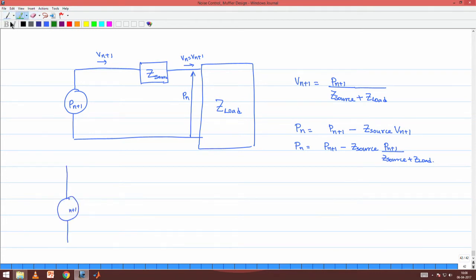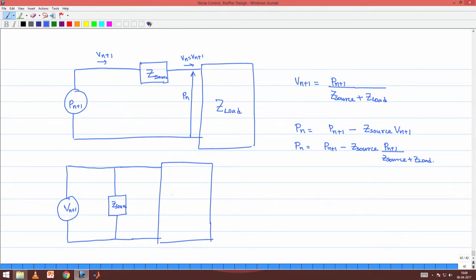Now, we want to have another equivalent picture which will assume a constant current source, V n plus 1, to denote the current source. This constant current source is acting over the load, but this time, since I am modeling the source as a current source rather than a voltage source, I have to give the source impedance in parallel. Okay. So, let us see what this reveals, and again we have the load impedance here, right.